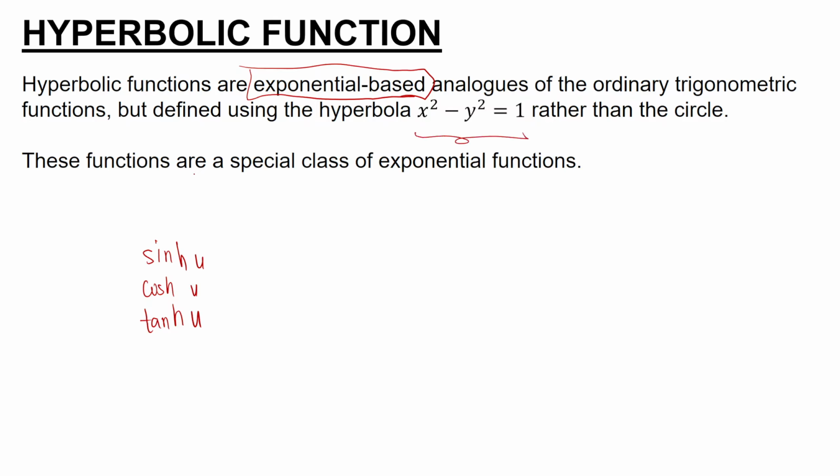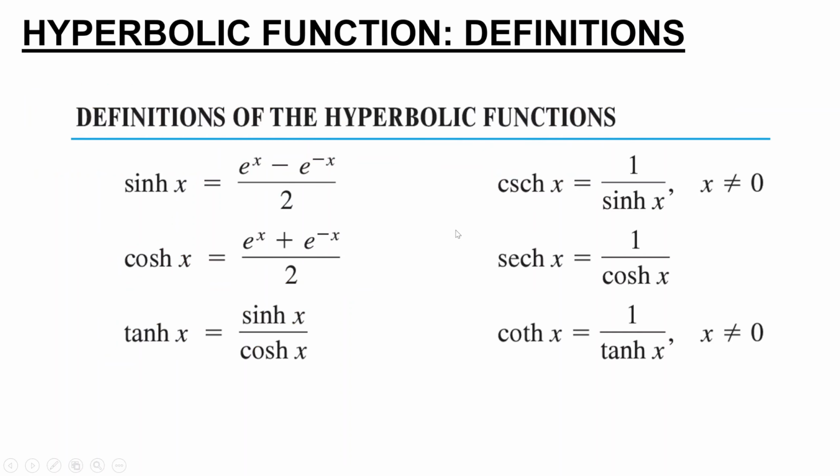And hyperbolic functions are a special class of, again, exponential functions. This means that this here can be expressed in exponential function. So this is the definition of the hyperbolic functions. As I have mentioned, this can be expressed as an exponential function.